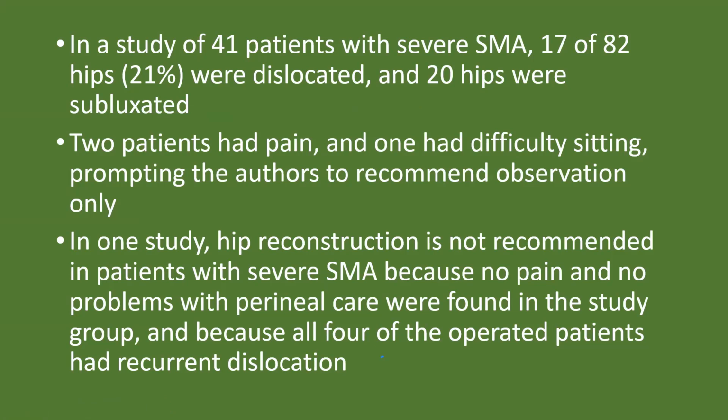In one study, hip reconstruction is not recommended in patients with severe spinal muscular atrophy because no pain and no problems with perineal care were found in the study group, and because all 4 of the operated patients had recurrent dislocation.